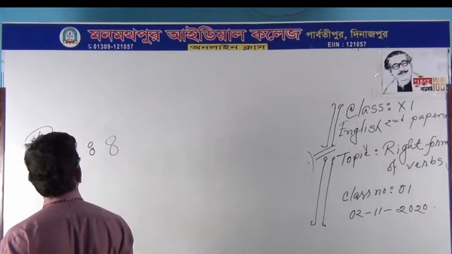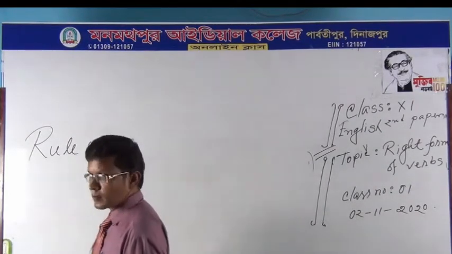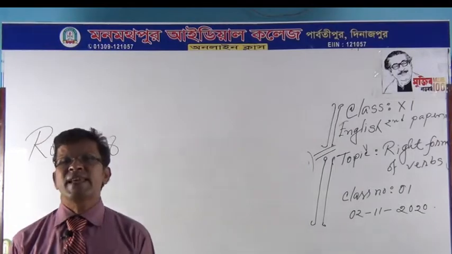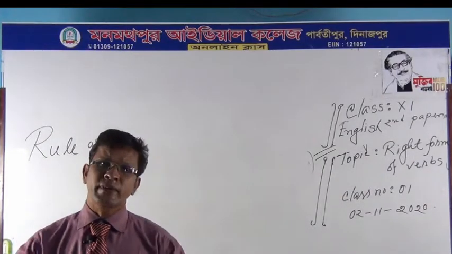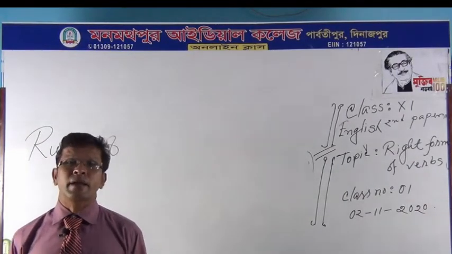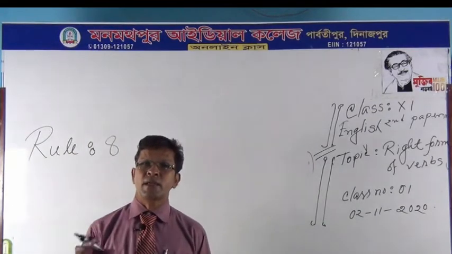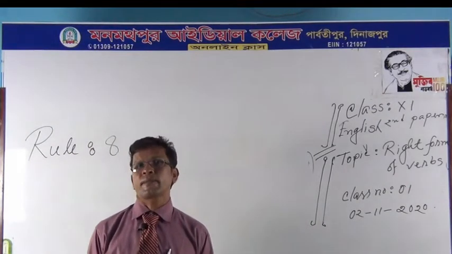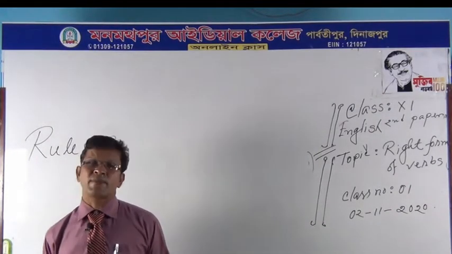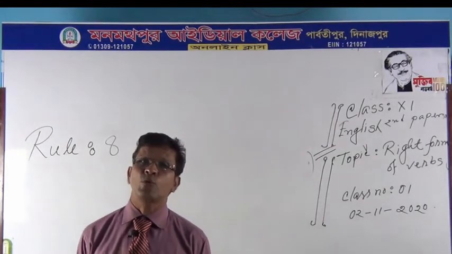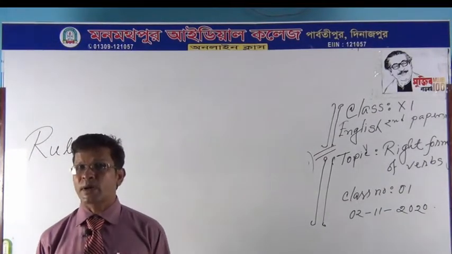Rule 8. If "since" connects two parts of a sentence, and if the first part is present indefinite tense or present perfect tense, the second part will be past indefinite tense.